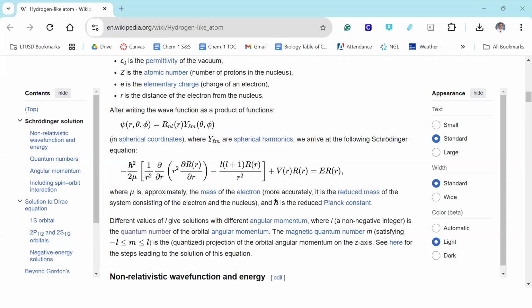You can have anything from negative L all the way through 0 to positive L, and again, it has to be integers. So if L is 0, because we're talking about an s orbital, how many different suborbitals could we have? Well, if L is 0, the only possible value for m sub L is also 0, right?